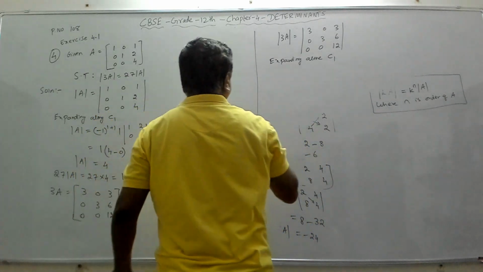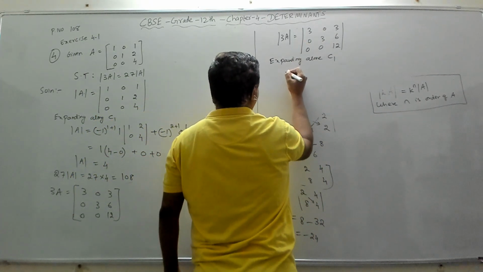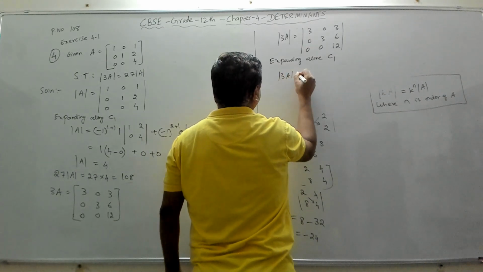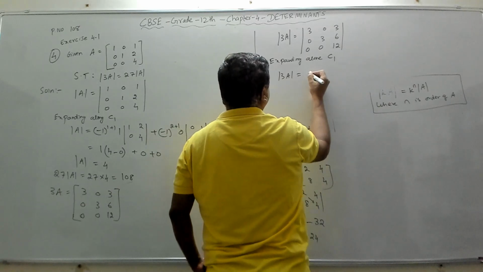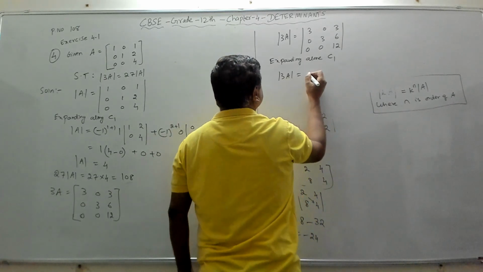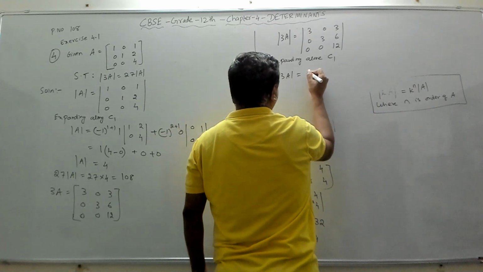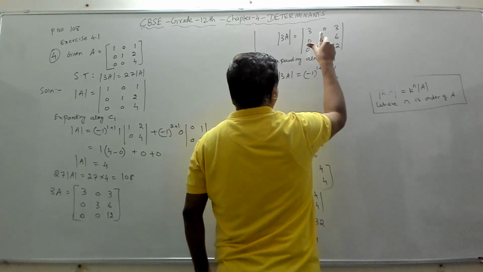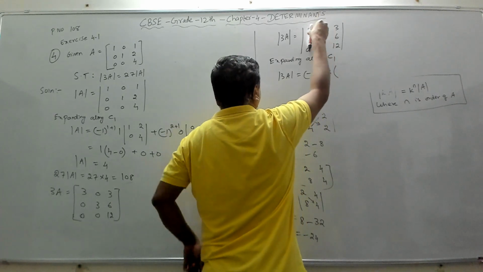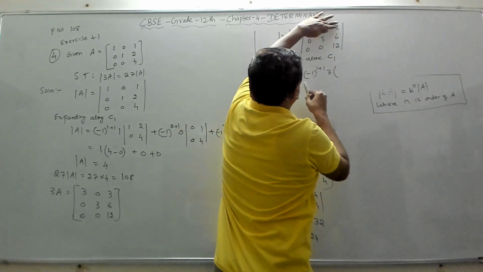What do we get? Determinant of 3A will be equal to the first element A11, minus 1 power 1 plus 1, we'll get plus, 3 into the determinant of 3, 6, 0, 12, since this row is gone, this column is gone.